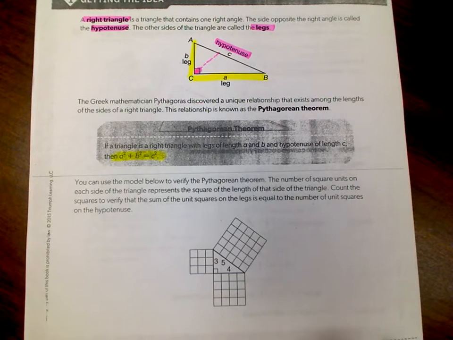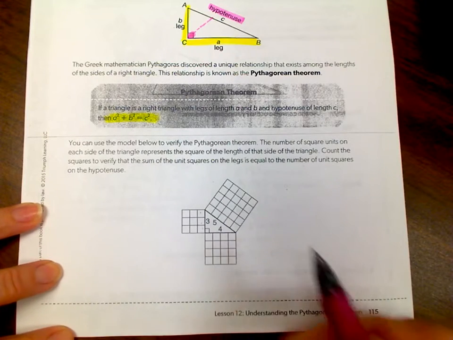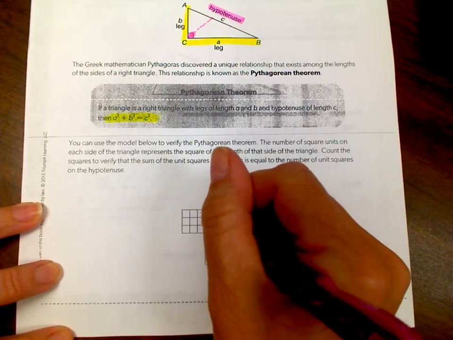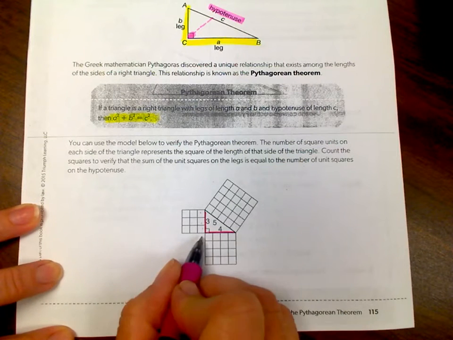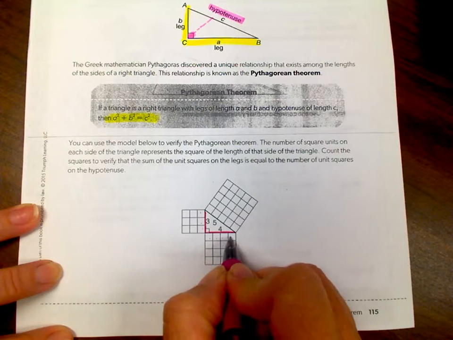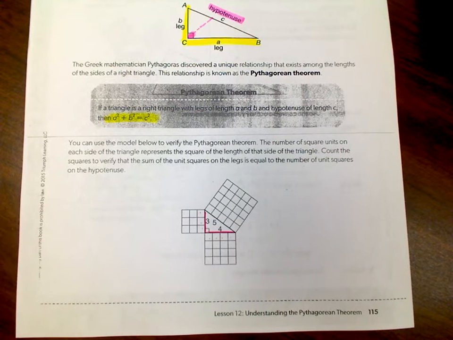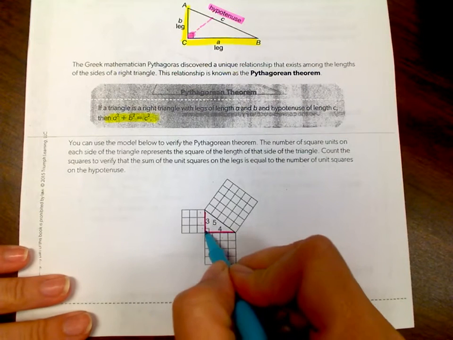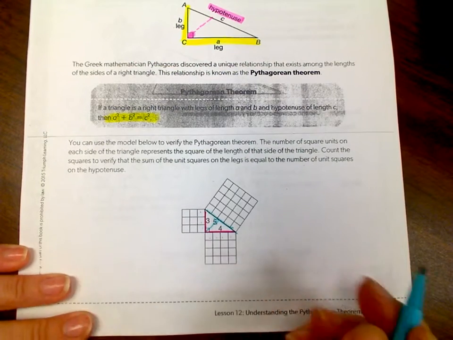So, we have 3 units on this leg. This is my leg, and this is my leg, because they are connected by the right angle. We have 4 units, 1, 2, 3, 4 units on this leg. Your hypotenuse is directly across your right angle. So this is your hypotenuse.